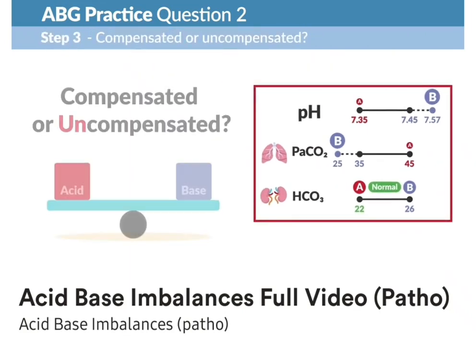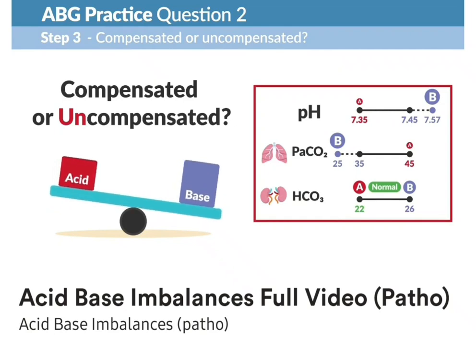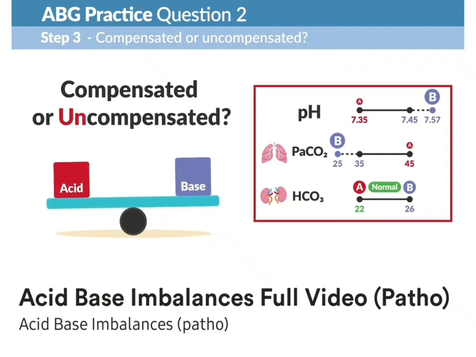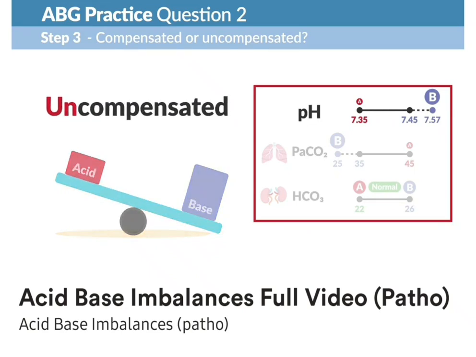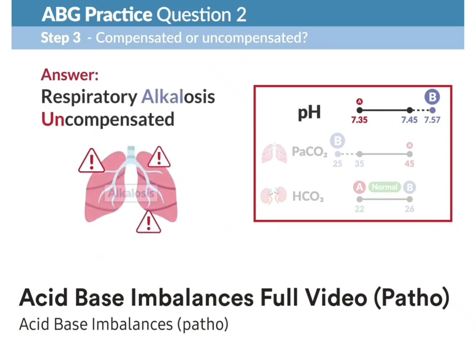Now, step 3, is it compensated or uncompensated? So you have to ask, is the pH in normal range? Well, no, so it's not in balance. It didn't find that common ground of compensation, so it would be uncompensated. So the answer is respiratory alkalosis, that is uncompensated.